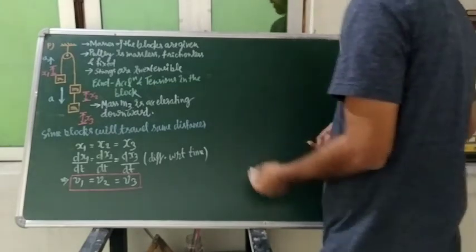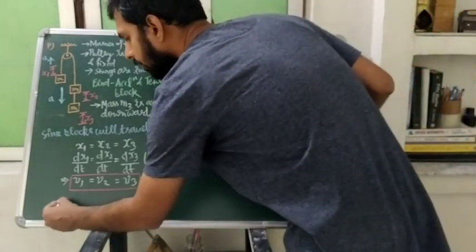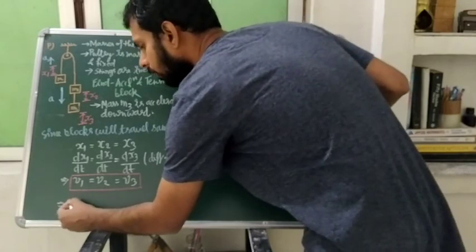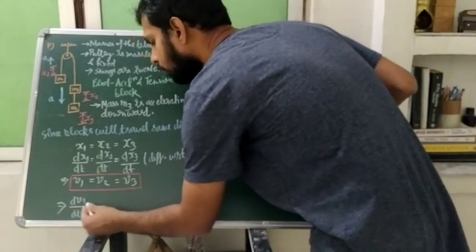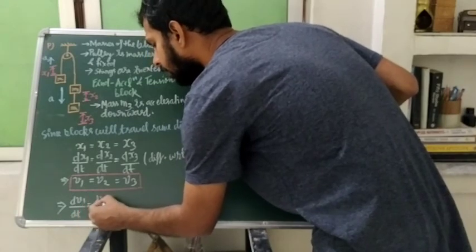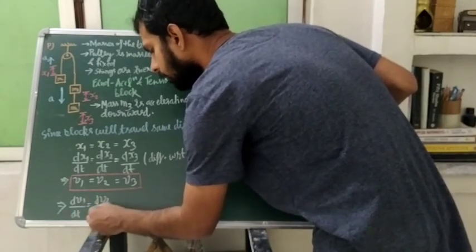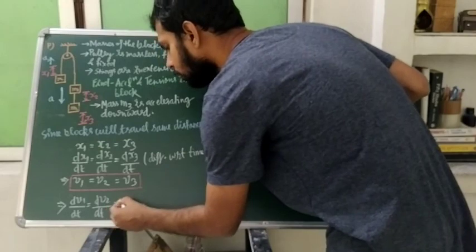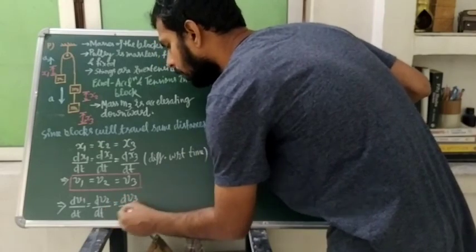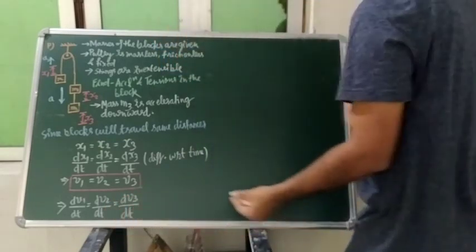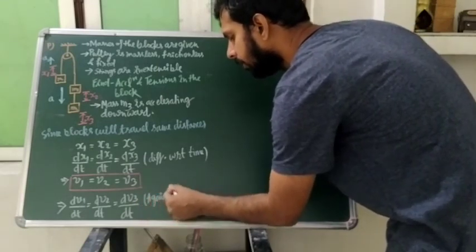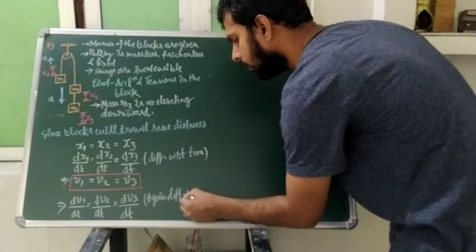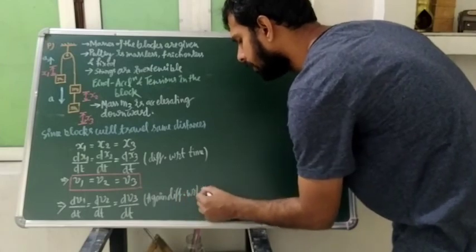Ninth class task. Again, when you differentiate it, what will you get? del V1 upon del T should be equal to del V2 upon del T should be equal to del V3 upon del T. You can say again differentiating with respect to time.